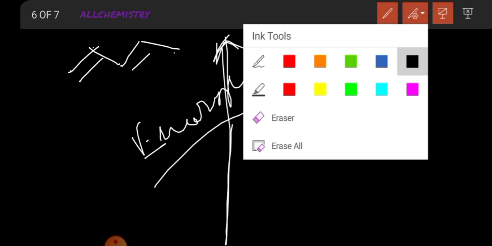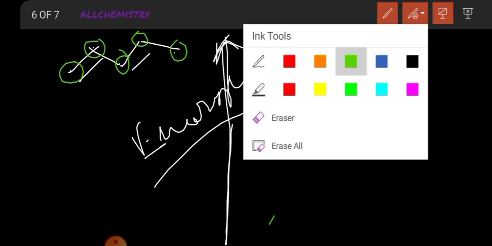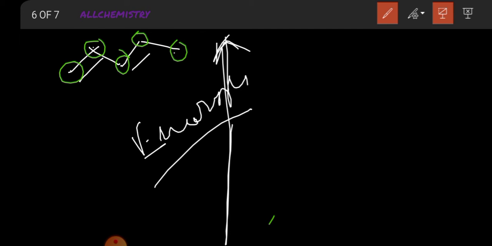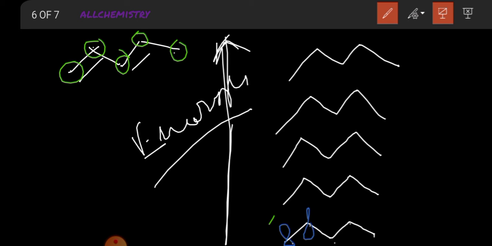The number of carbons present will equal the number of MOs here, meaning 5 MOs: 1 2 3 4 5. Now draw the orbitals: 1 2 3 4 5. 5 carbons, 5 orbitals.